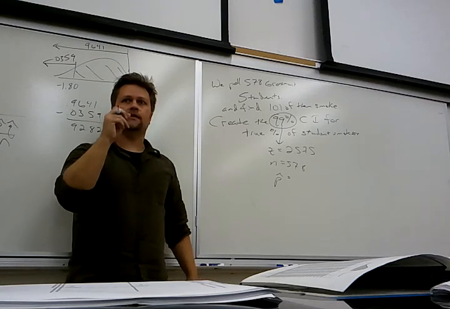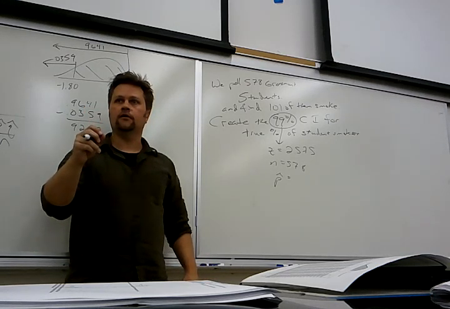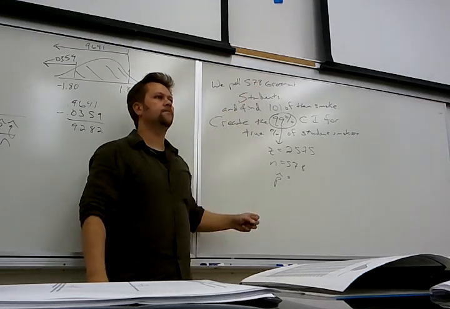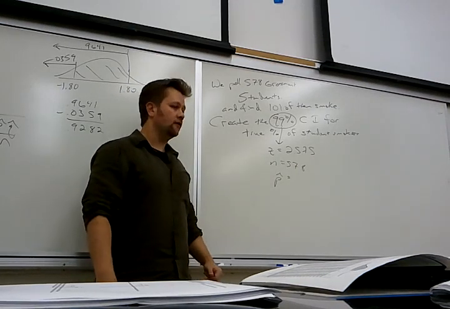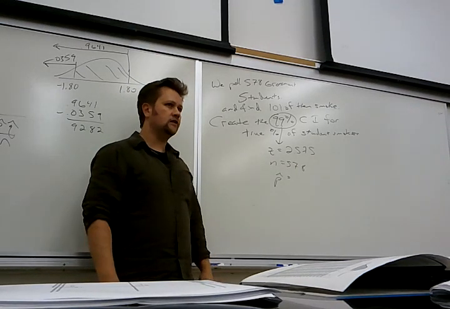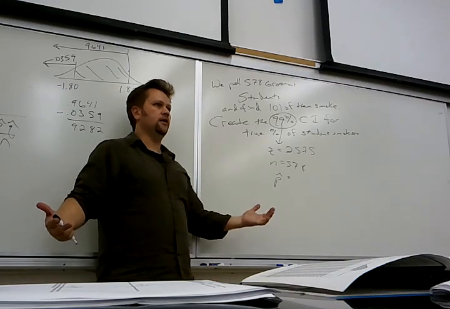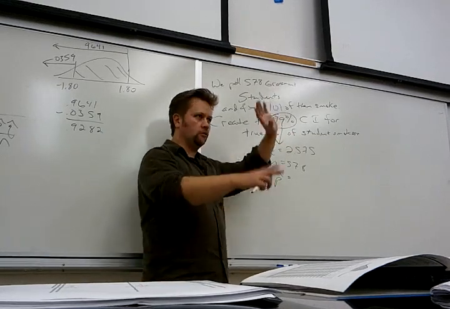Careful. P hat is a percentage. 101 out of exactly 578, right? Why do you have the 99% z-score? How did you get that? Confidence. That has to be given to me, or it must be what I myself want to do, right? I understand that it's really easy to get this confused with the percentage we're working with.